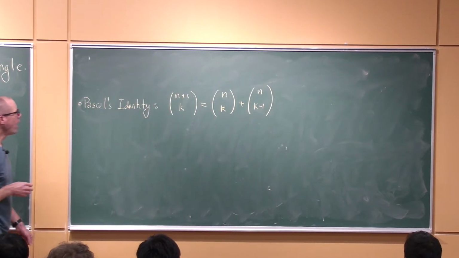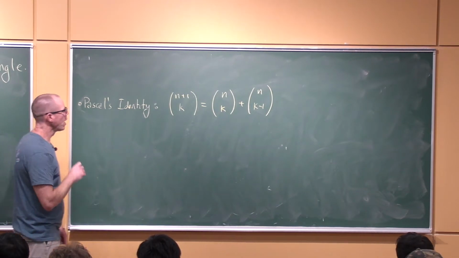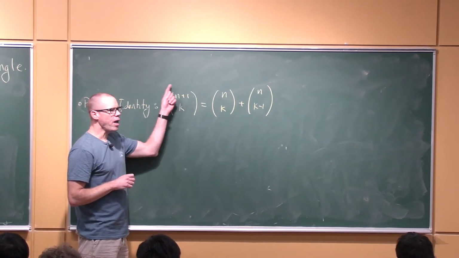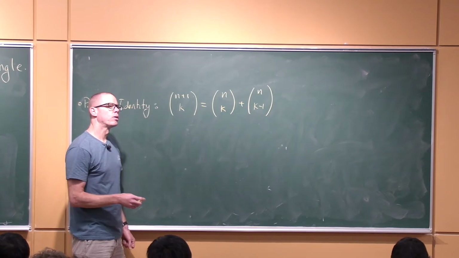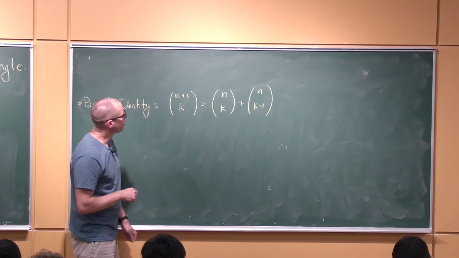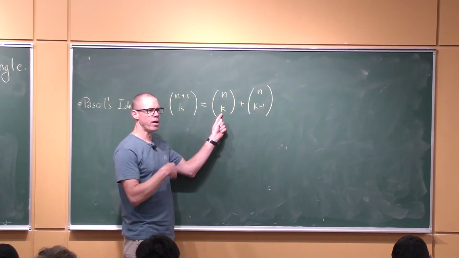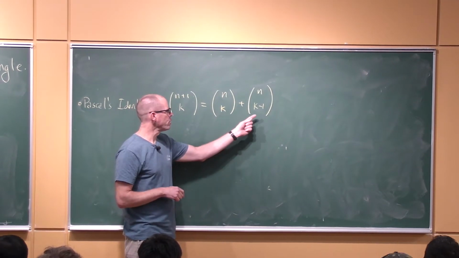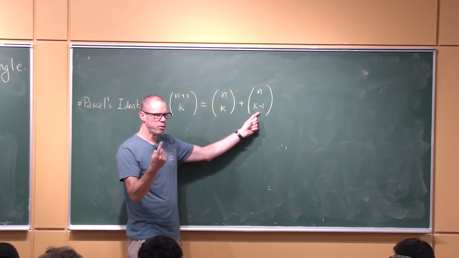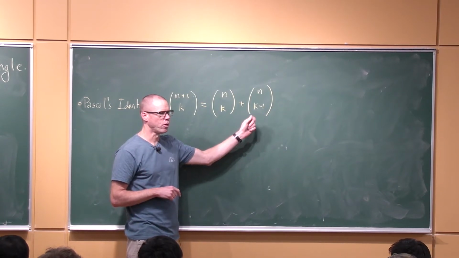Okay? And that was because if you have a set of n plus 1 people, you call one of them special, and you look at all of the ways you can choose k people where none of them is special, and all of the ways where you can choose k people where you include the special one in your choice.